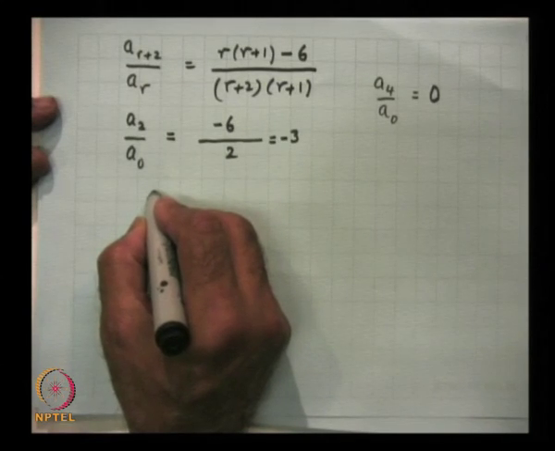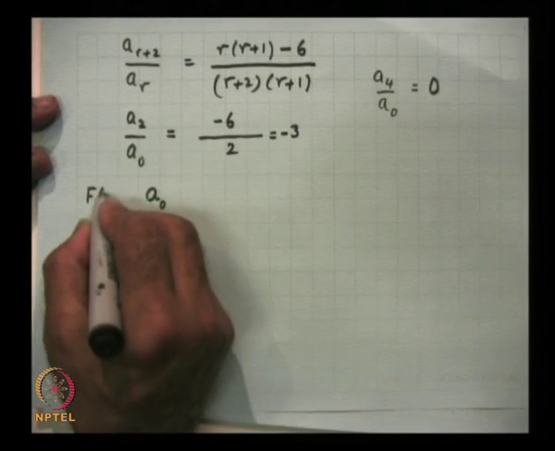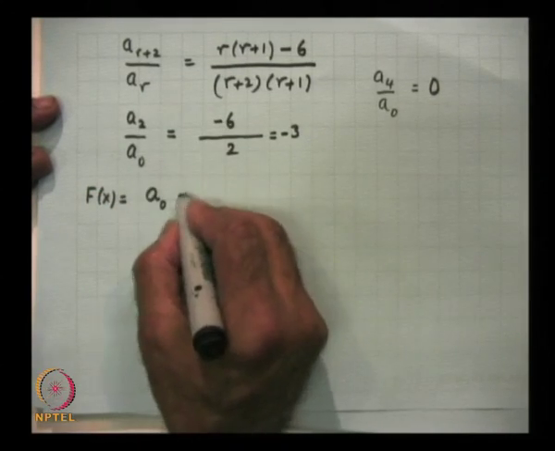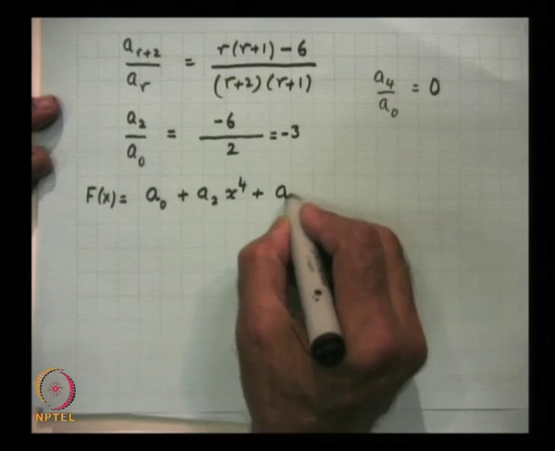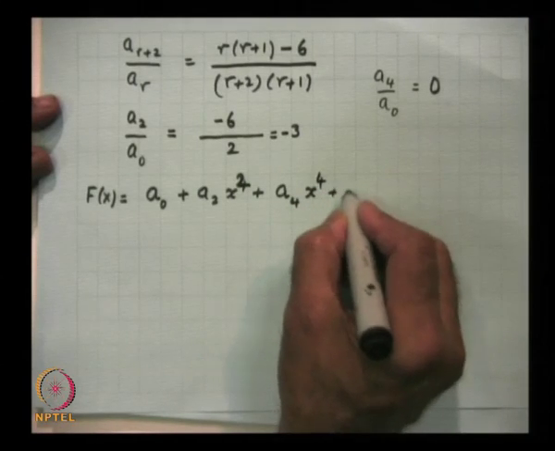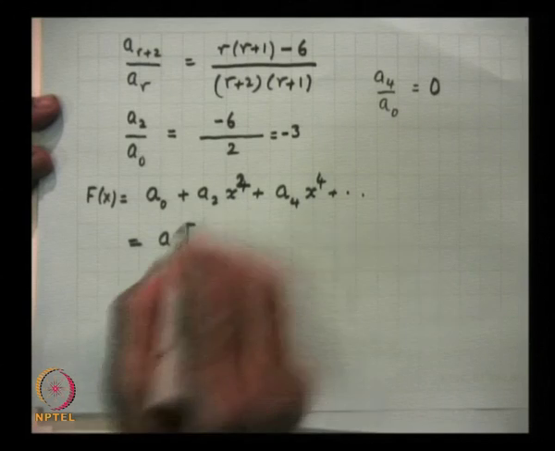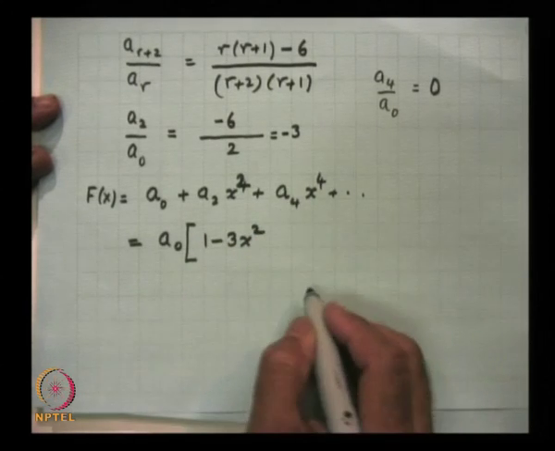So, f of x, the even series, will be a0 plus a2 x square plus a4 x4. So, a0 is a0, let us suppose, and a2 by a0 is minus 3, so 1 minus 3 x square plus a4 is 0.